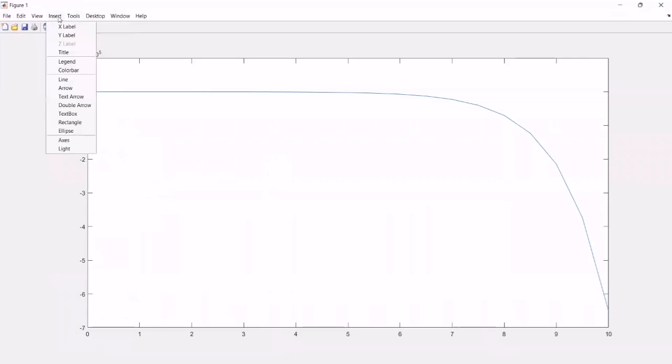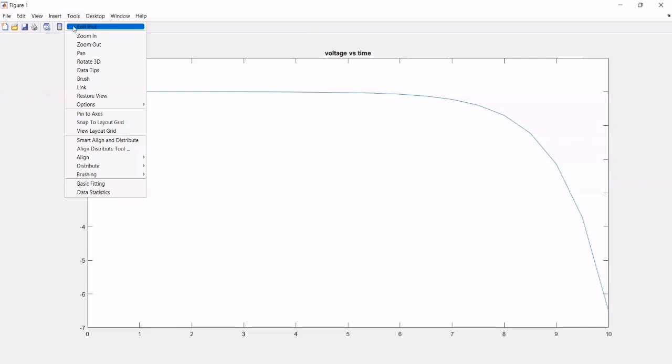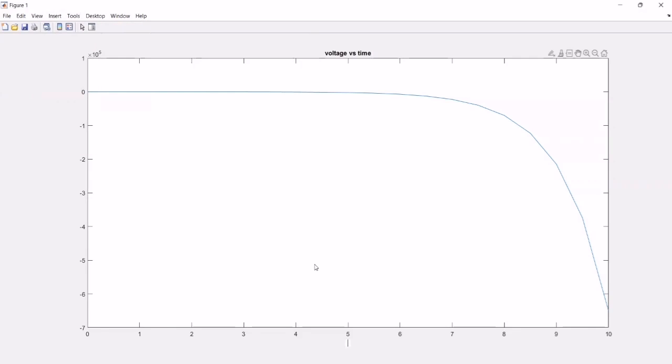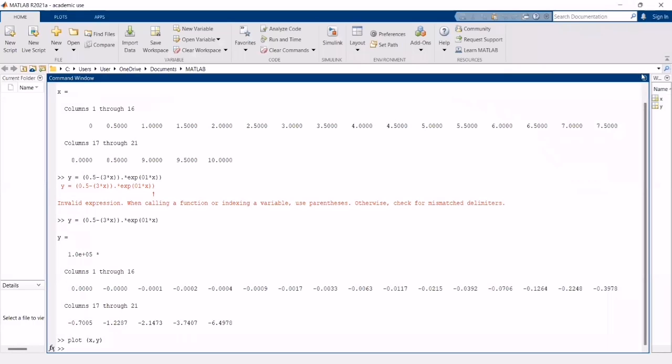So like usual, we put the title, voltage versus time. For the x label is time in seconds, and y is voltage, which is V. So we go to the next question.